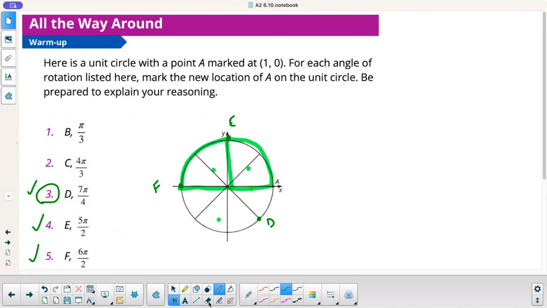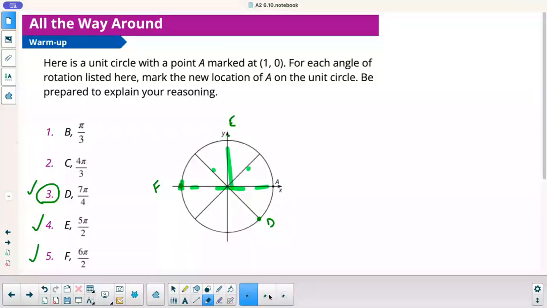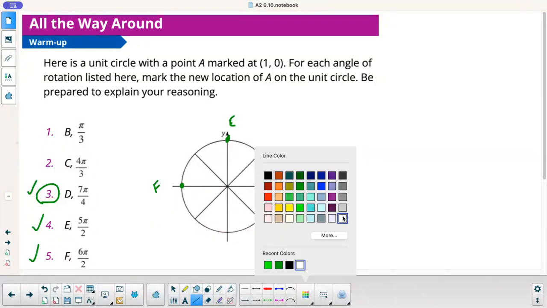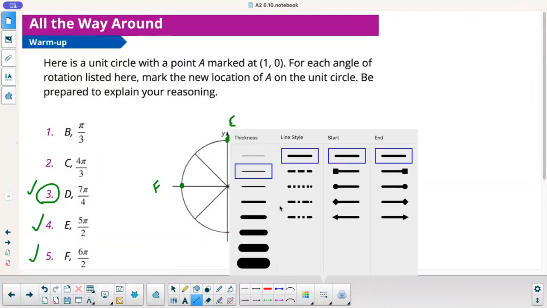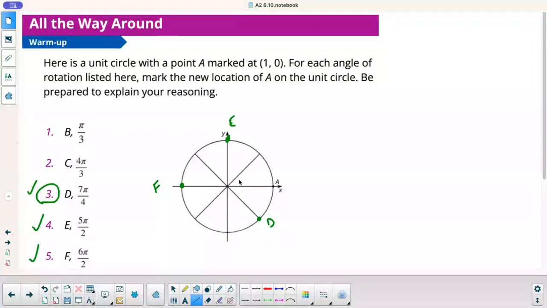Okay, so now let's go to the pi over 3. So here's what I'm going to do. I'm going to erase this circle here. Oops, I erased my points. F, E. Okay, so pi over 3, again, it's like I'm taking this half circle and cutting it into thirds. They didn't mark this, but I'm going to erase these lines here. Oh, shoot.